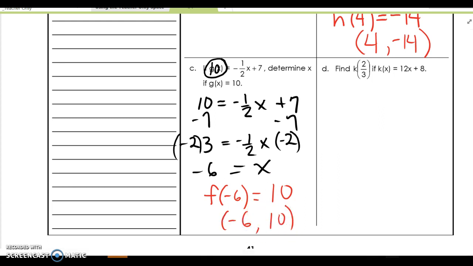And for D, find k of 2/3, if k of x equals 12x plus 8. So you can see they put the 2/3 where the x is.